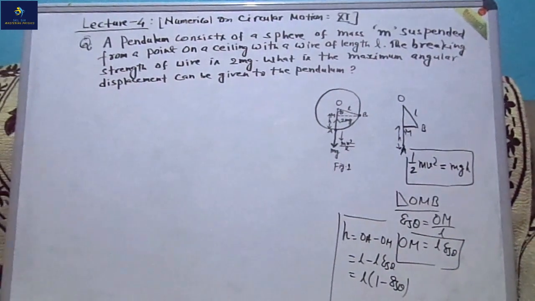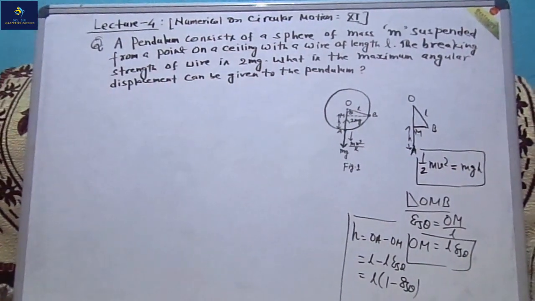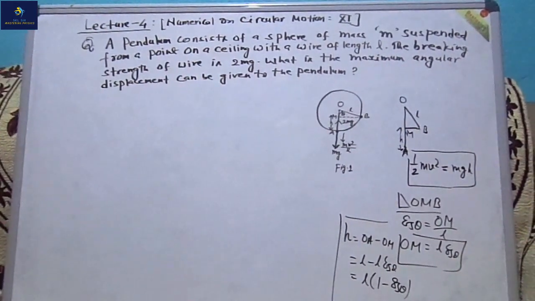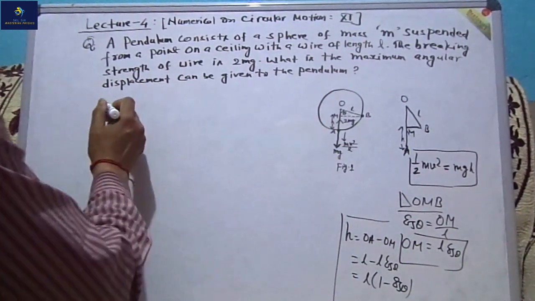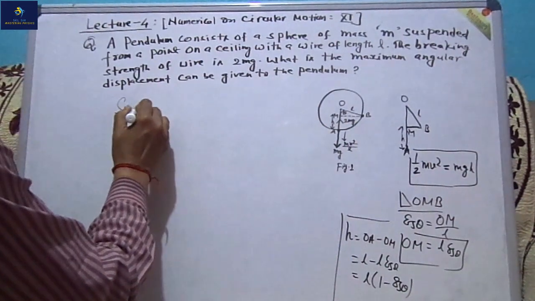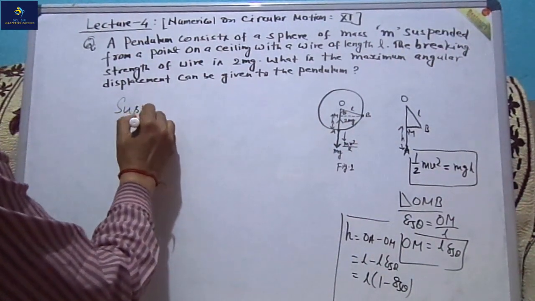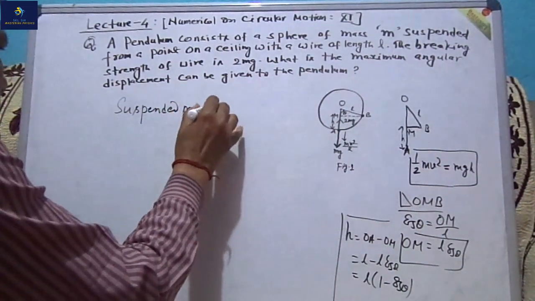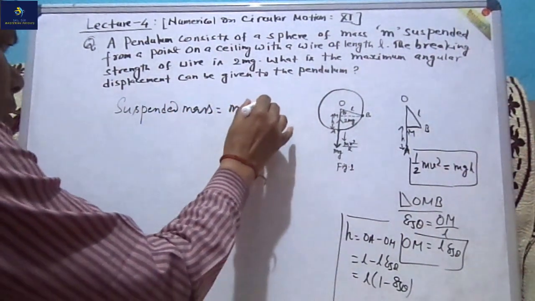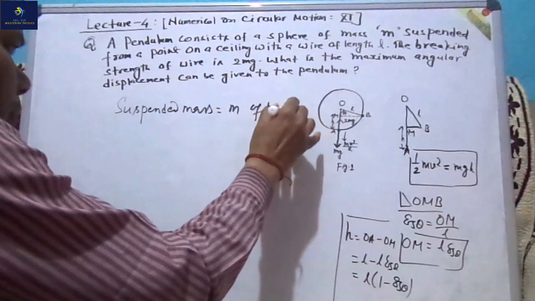Okay, so the given parameters: there is a sphere of mass m, the suspended mass is equal to m of the sphere.